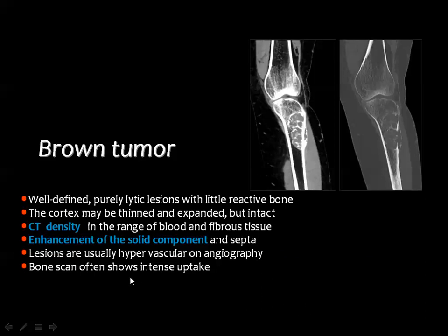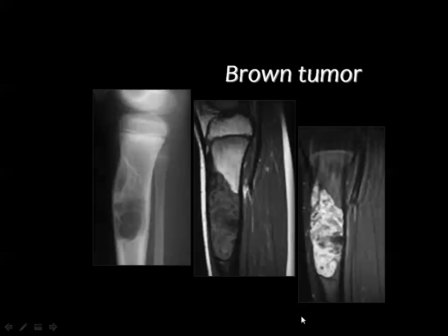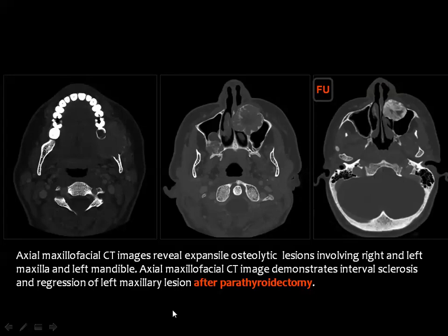And in bone scan, it will show intense uptake. And this is the appearance of brown tumor in the plain X-ray, in the T1, and in the T2. It is almost indistinguishable from fibrous cortical defect or non-ossifying fibroma, but the differentiation will depend mainly on the clinical data and the laboratory findings.